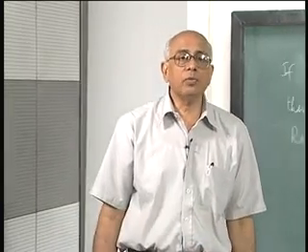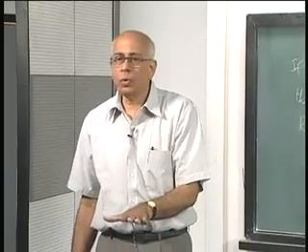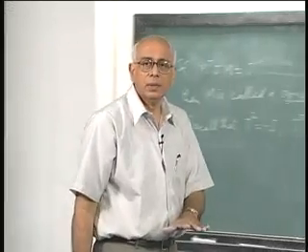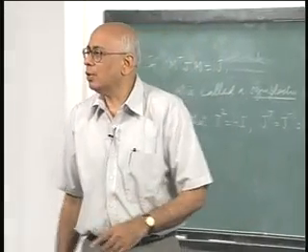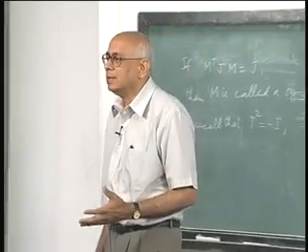Now suppose I am in 4 dimensions and the coordinates are x1, x2, x3 and x4, let us say. I rotate in the x1, x2 plane and I leave x3 and x4 unchanged. Is this a rotation or not? Yes it is, but about which axis have I rotated?